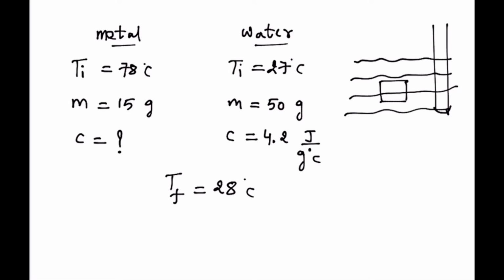After some time, when the final temperature is reached, the mercury level stops rising. That is the final stage, and we stop at that point. So the final temperature is 28 degrees Celsius.